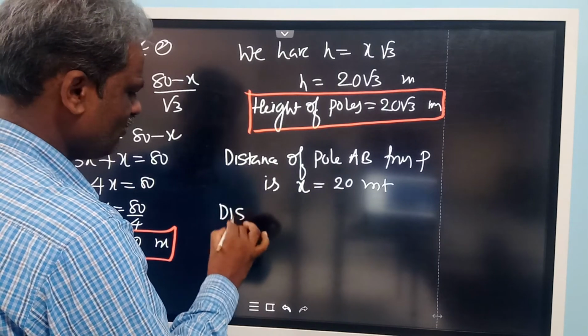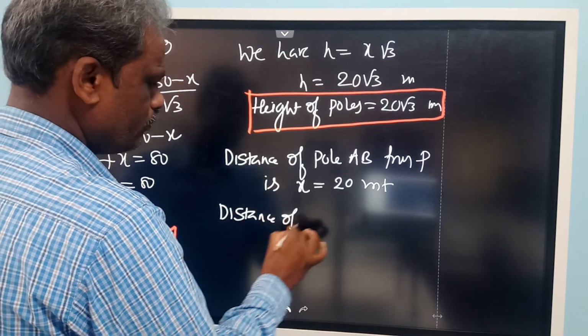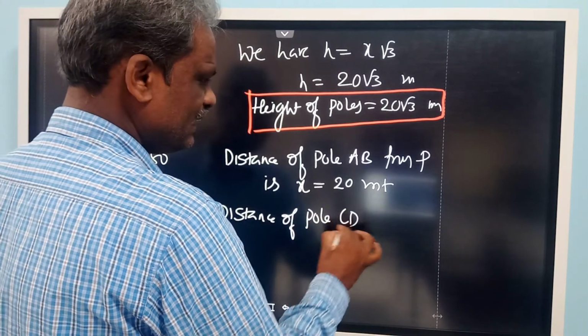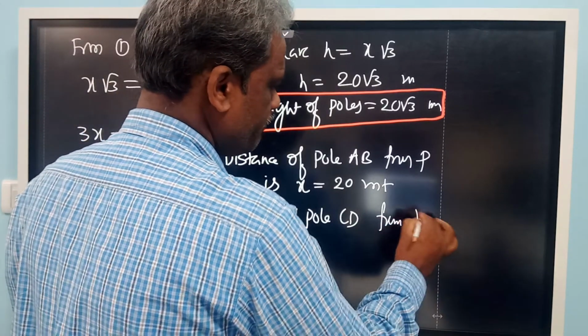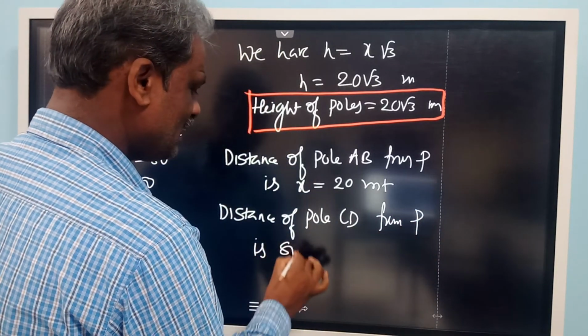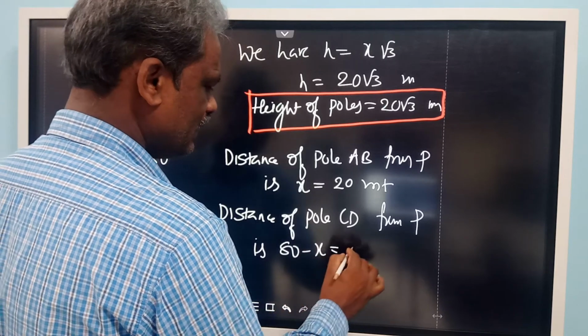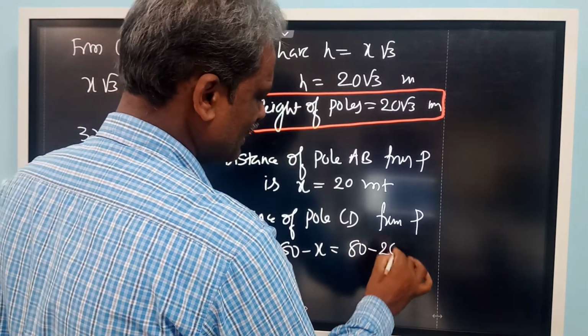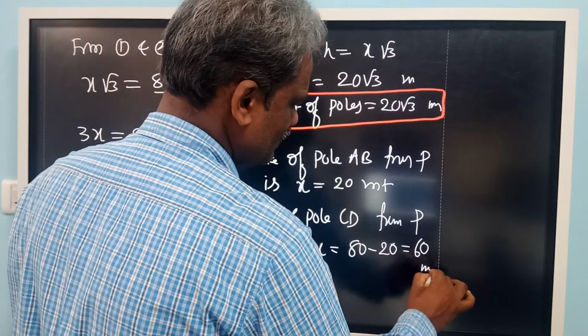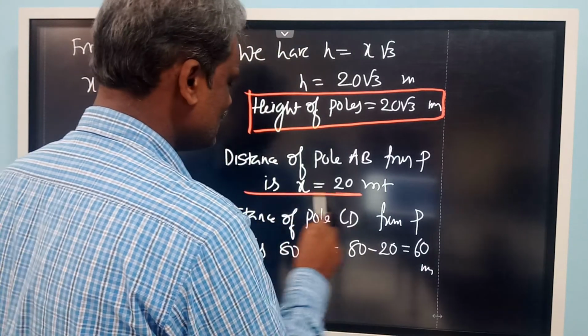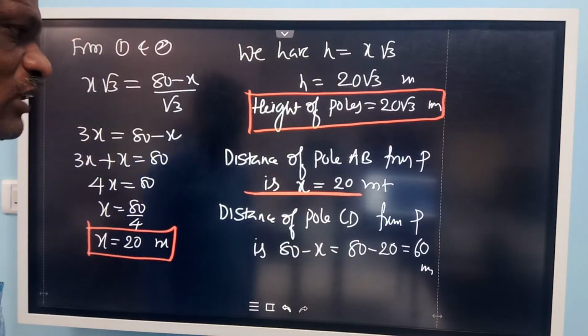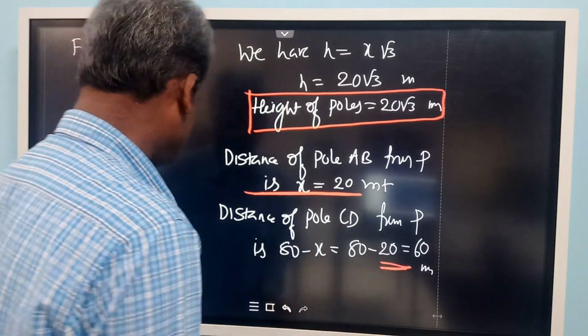And the distance of pole CD from P is 80 minus x, that is 80 minus 20, that is 60 meters. So the distance of the first pole is 20 meters, the second pole is 60 meters.